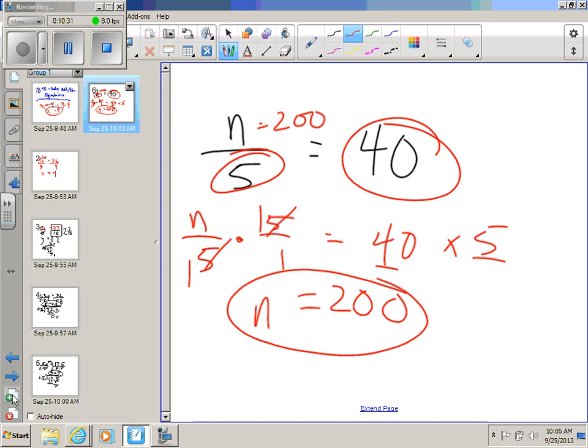You're more apt to think 8. 8 over 5? Does that make sense? Is that equal to 40? What would 8 over 5 be equal to? 1 and 3/5. So 1 and 3/5 is equal to 40? No. 1.6 equal to 40? So just be careful.